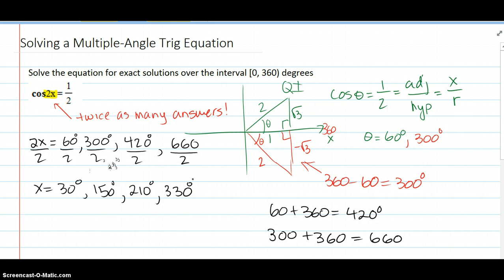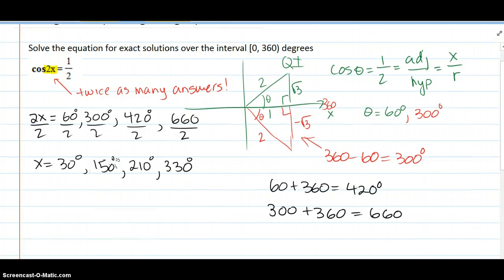That would probably be it, because the next one would be 60 plus 720, but I've divided 720 by 2 already. That is not going to be it. That would be 780, and dividing that by 2, you do get over 360. So we stop. Notice how there's twice as many answers.